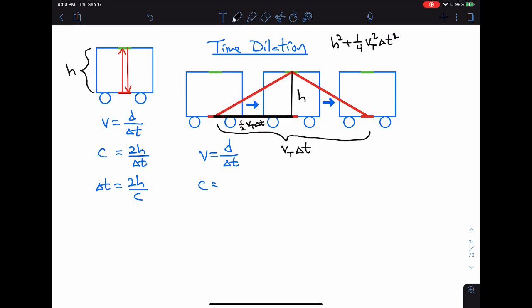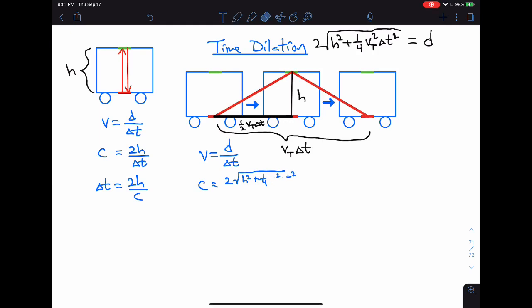So, of course, I just want that side itself, which means I'm taking the square root, okay, multiplying by 2 because it goes up and then comes down. So there's 2 of these sides, okay? And that is going to be the d I need. All right, so let's put that down over here. So I'm going to have 2 square root of h squared plus 1/4 v_t squared delta t squared.